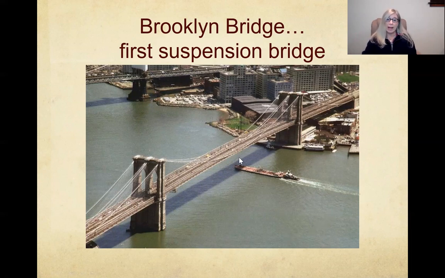These are steel cables here that are holding up the platform of the bridge. But these giant pillars that are sunk down in the bottom of the East River are massive. When they were dredging out the earth, trying to get these giant structures that were going to hold up the weight of the bridge deep enough into the riverbed, there was a lot that had to be learned, because you've got the pressure of the water.